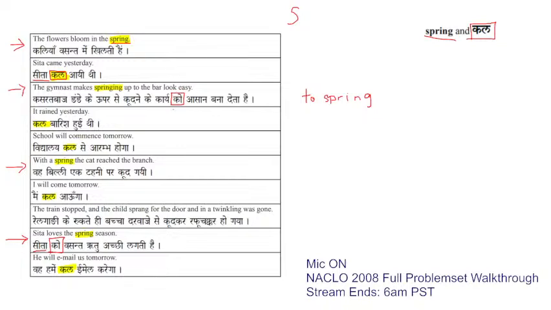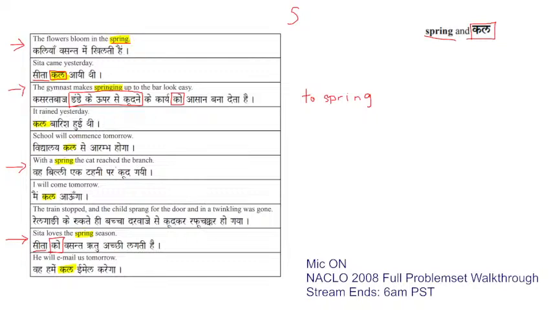It actually could mean springing, but the gymnast makes, then this would be makes. Somewhere here in this box would be makes. No, I don't think so.